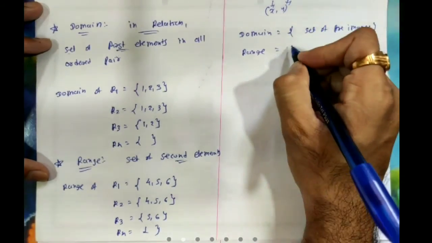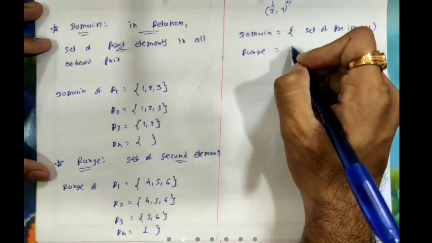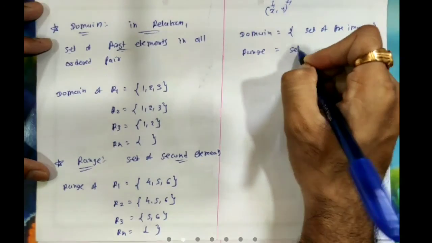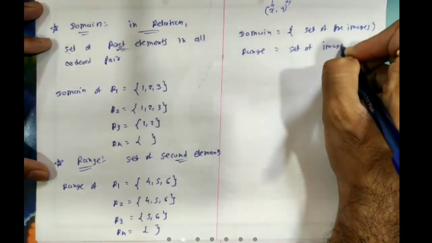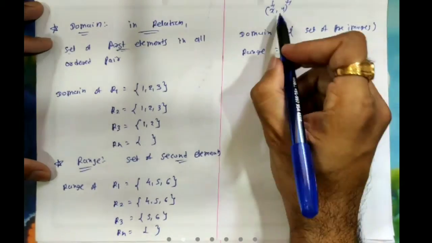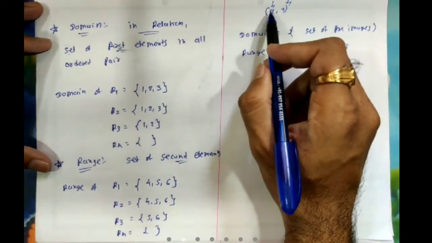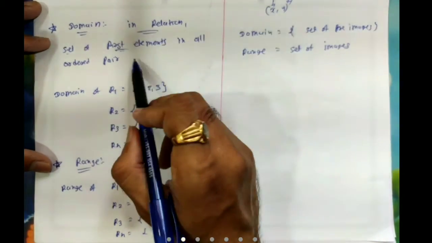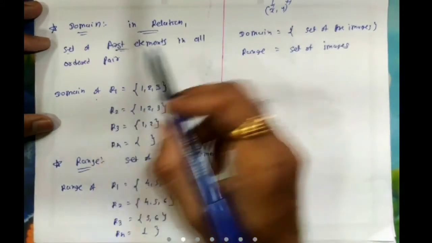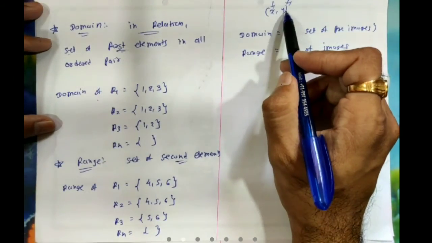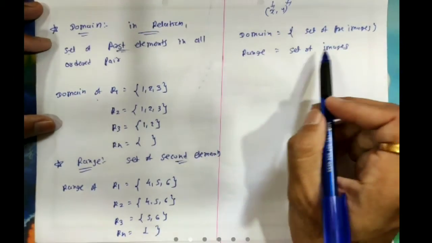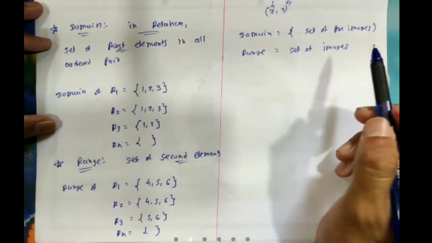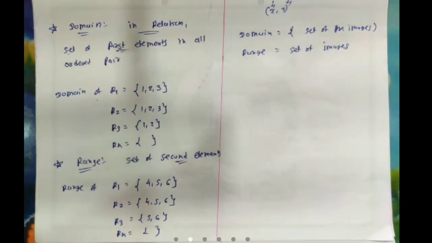So the range of any relation is nothing but the set of images. The first element is known as the pre-image, and the set of first elements is always known as the domain. The second element is known as the image, so the set of second elements, which are images, is known as the range of the given relation.